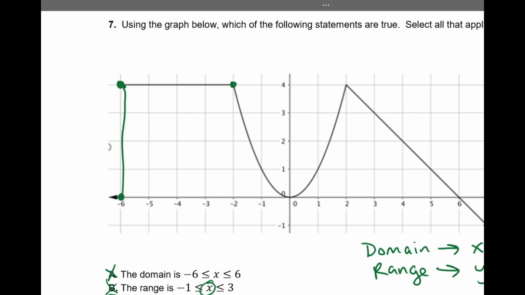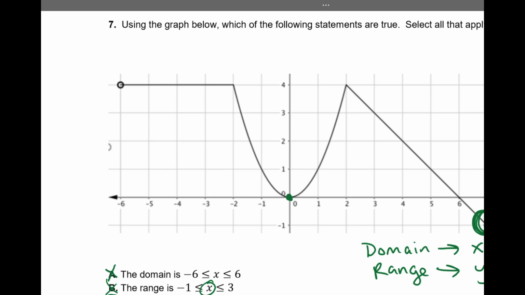That is true. Okay, the relative minimum is at 0, 0. So minimum, remember, is the lowest point on the graph. Well, that's not true because the lowest point is right here, and that is not 0, 0. So that is also wrong.